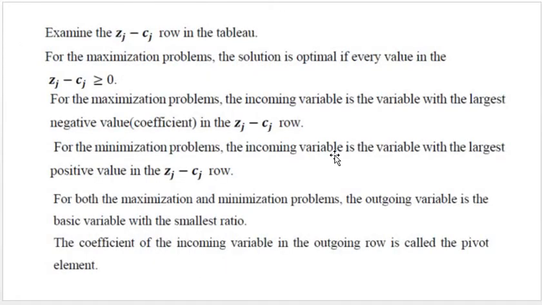For minimization problems, the incoming variable is the variable with the largest positive value in the Zj minus Cj row. For both maximization and minimization problems, the outgoing variable is the basic variable with the smallest ratio. The coefficient of the incoming variable in the outgoing row is called the pivot element.